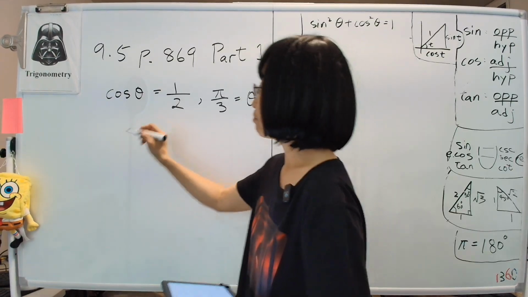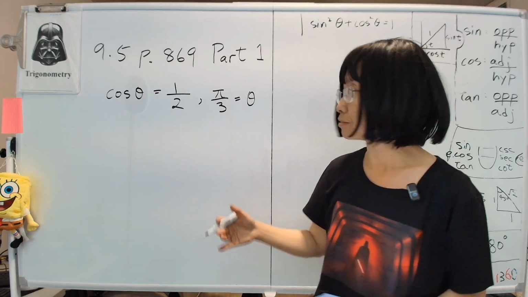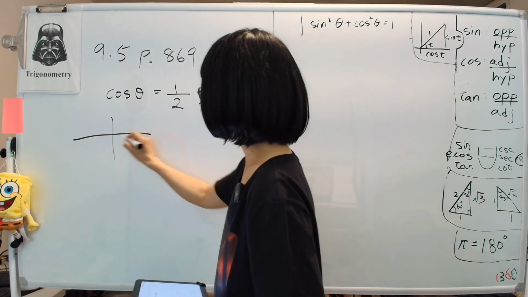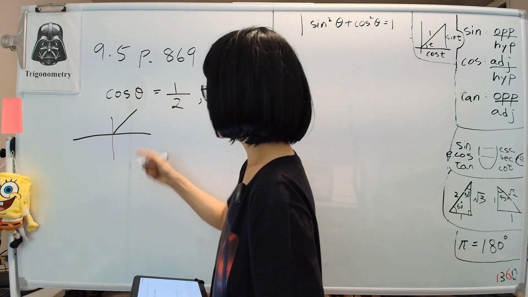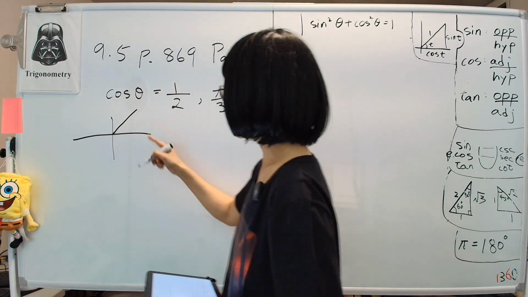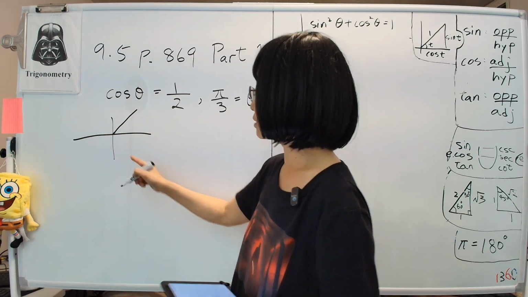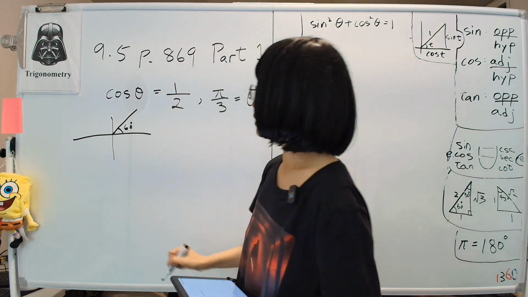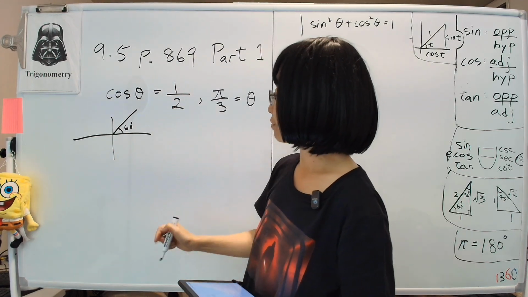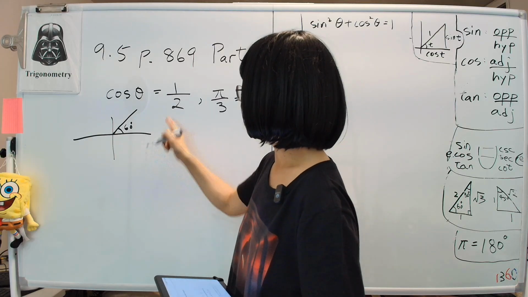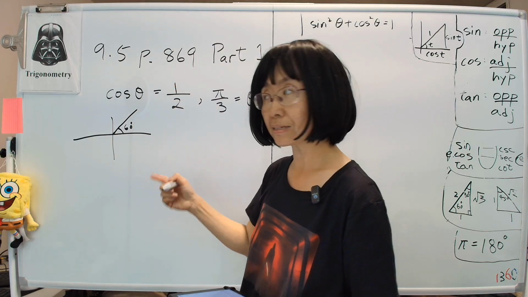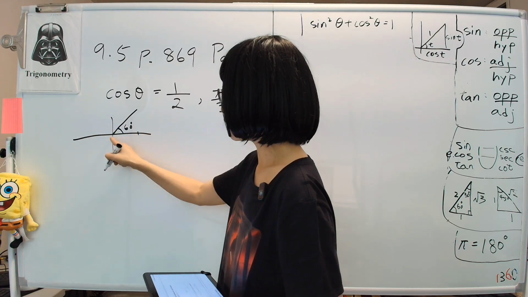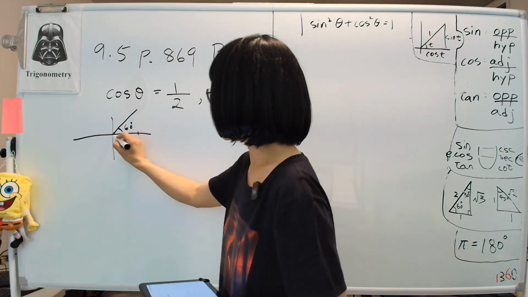Now we're supposed to find all angles that satisfy this equation. To do that, let's draw this real quick. Here is pi/3, or 60 degrees, which has a cosine value equal to 1/2. Notice that this is a positive value, positive 1/2, which means that the x value is positive. Now, what is the other possibility?